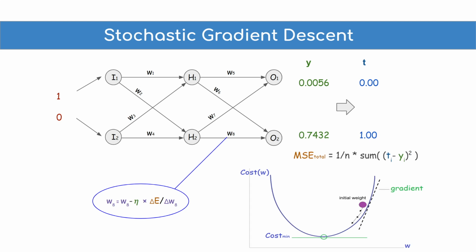We are decreasing it by subtracting the derivative of total error with respect to change of this weight multiplied by eta, which represents some fixed learning rate. A learning rate can be chosen arbitrarily. It's just a constant.